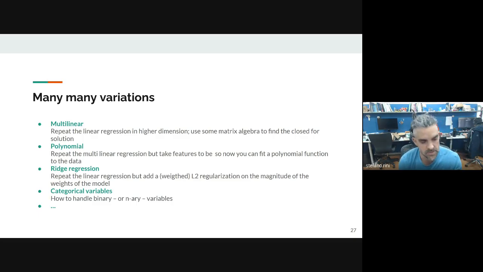Among all the possible functions that give you a good loss, you say, I'm happy to have a higher loss, but with a model which is more conservative in its estimation, with a small sensitivity to a small variation in the input. And then we can also manage other types of variables, for example binary variables.